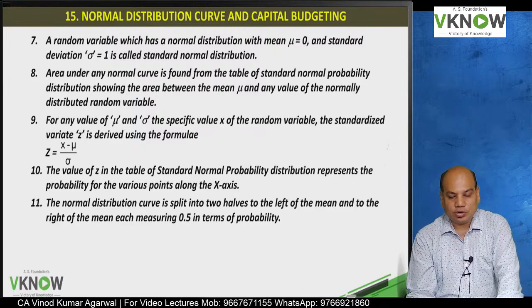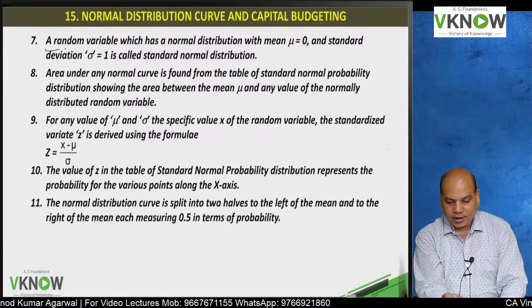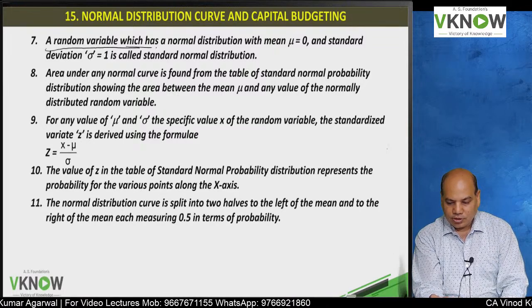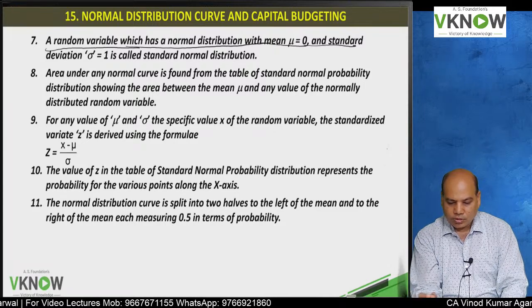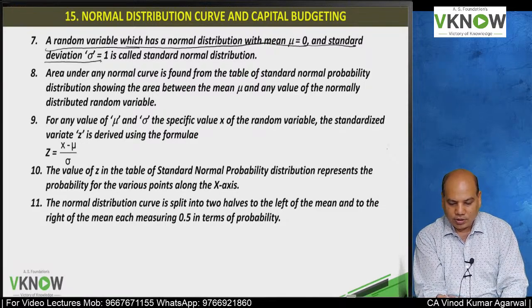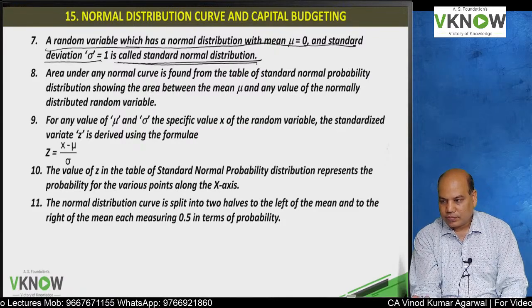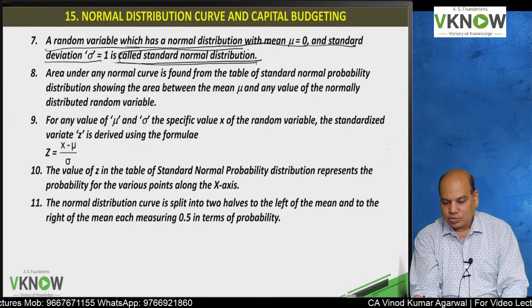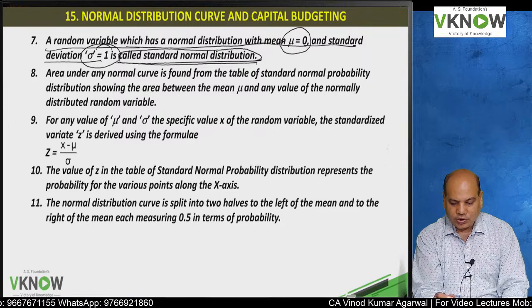How to use the normal distribution table? Understand, a random variable which has a normal distribution with mean 0 and standard deviation 1 is called a standard normal distribution. A standard normal distribution means mean is 0 and standard deviation is 1.